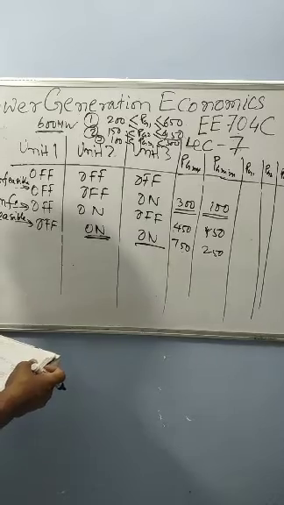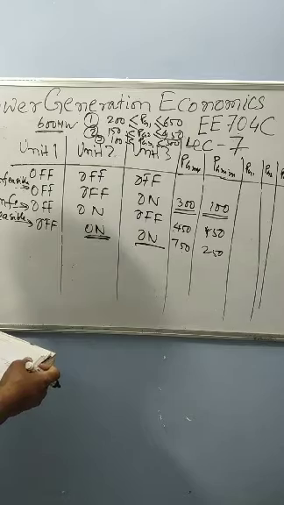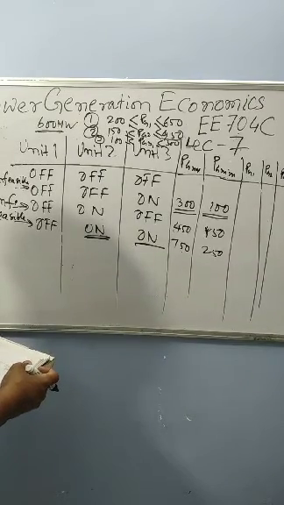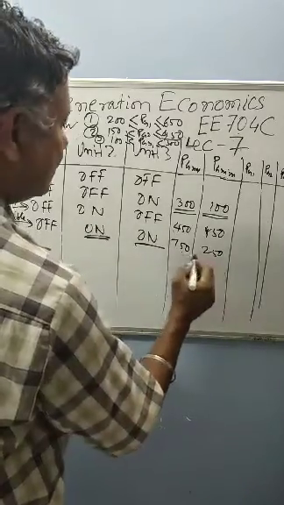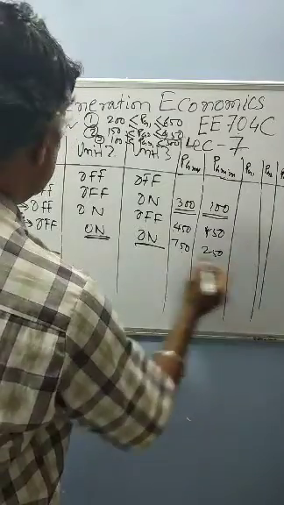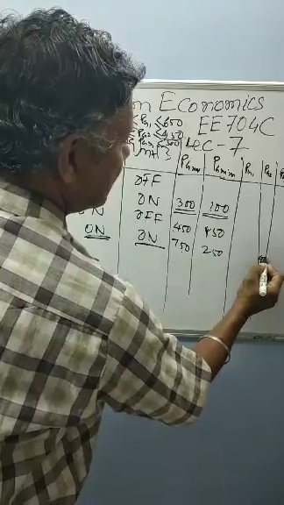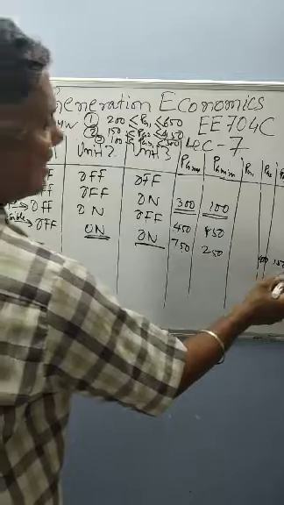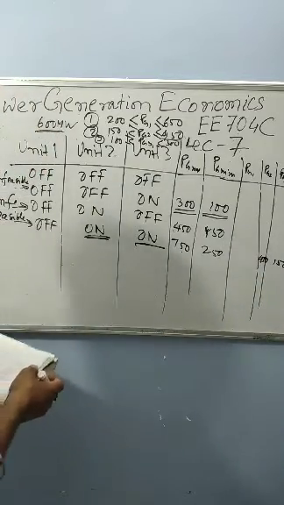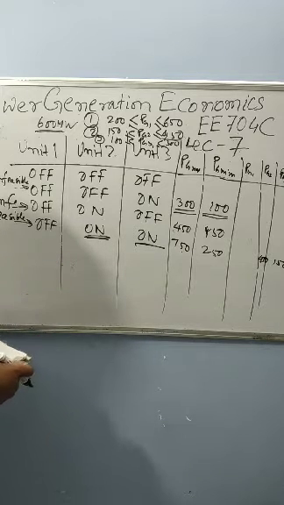Under the coordination equation, for units 2 and 3, this becomes 450 and 150. 450 plus 150 is 600. And what is the cost? You will see, and you get the cost. Similarly, you have to see all the combinations.